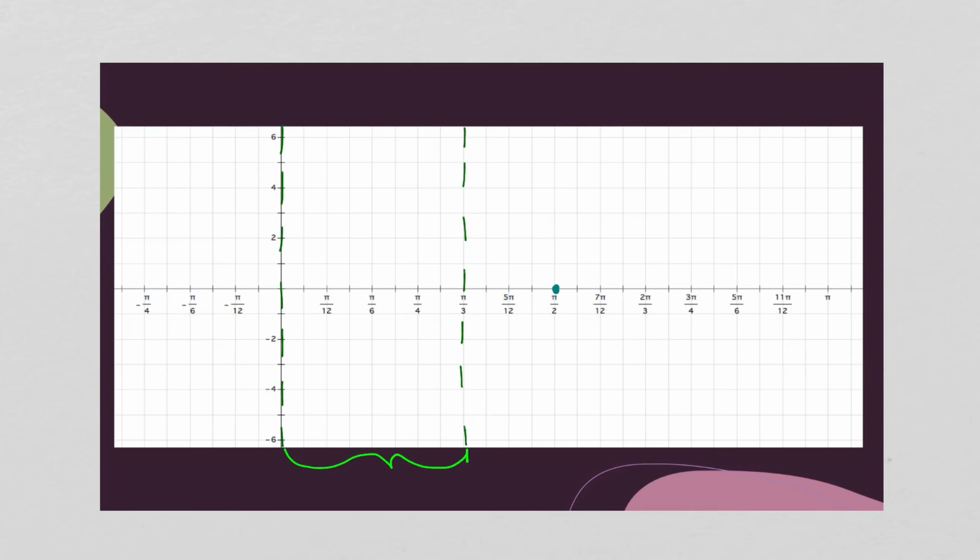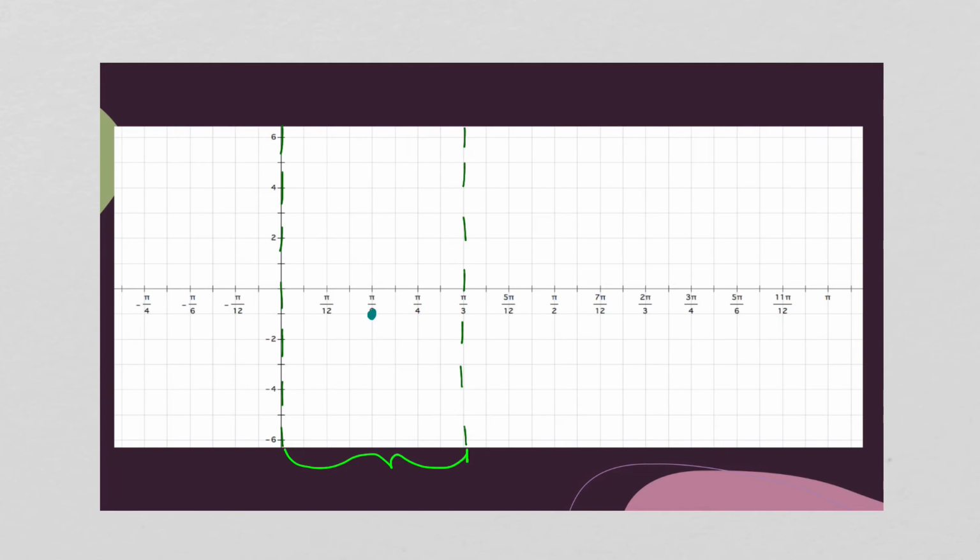Okay? Well, we've got to move down 1 for our vertical shift. And the point of inflection is always going to be in the middle between our asymptotes. So that means it's going to be at pi over 6, negative 1. It's always in the middle, okay?